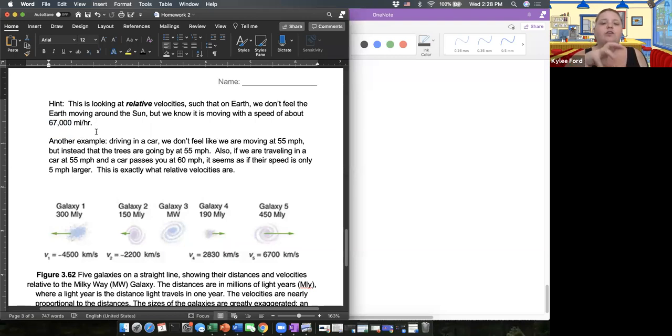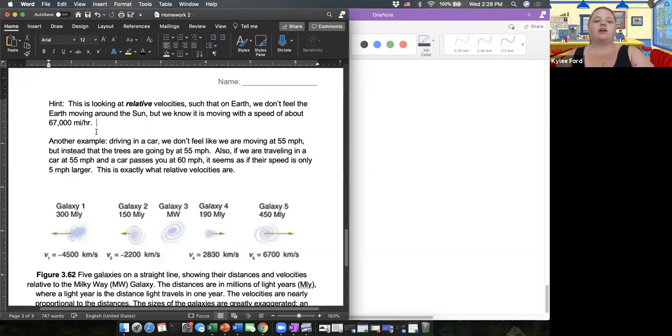Okay, so the Earth is moving really fast. But as we're sitting here on Earth, on our little Zoom meeting, we don't feel that speed, right? We're not feeling that velocity. We just feel like we're sitting here and we're going 0 miles per hour. It doesn't feel like we're moving.